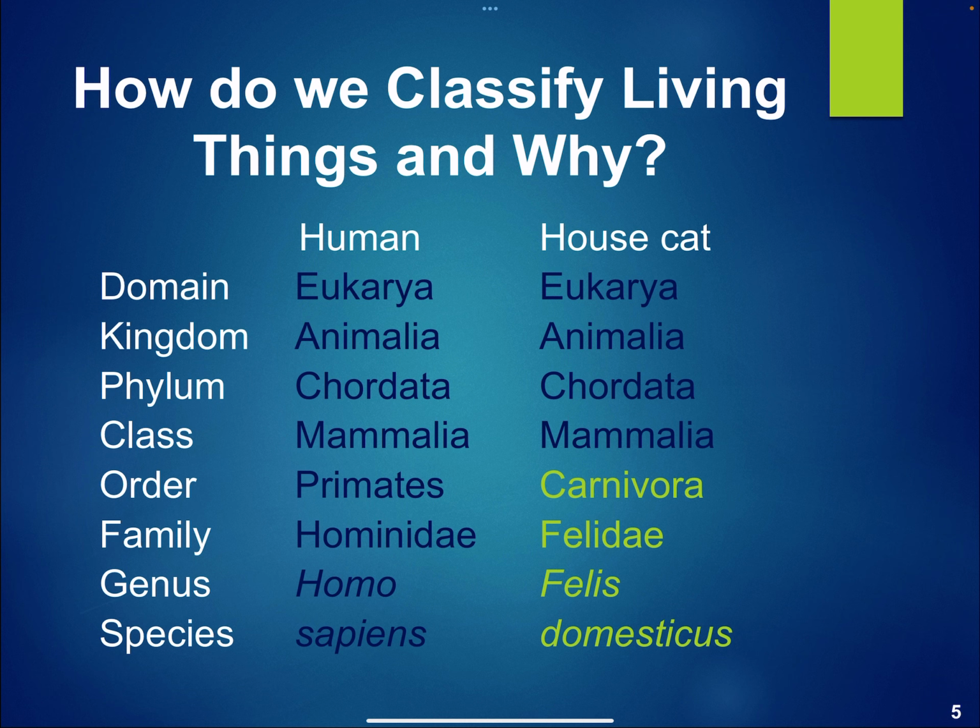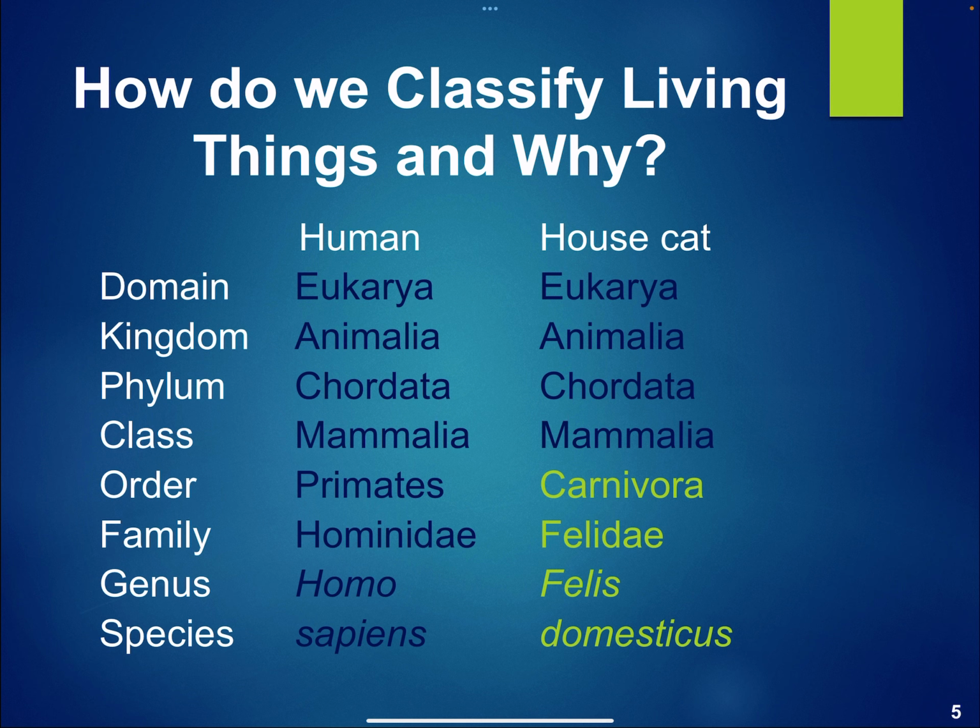For instance, treat diseases. That's an example of a problem that we are going to be able to solve by knowing how living organisms are classified. Anyway, living organisms are classified in domain, kingdom, phylum, class, order, family, genus, and species.